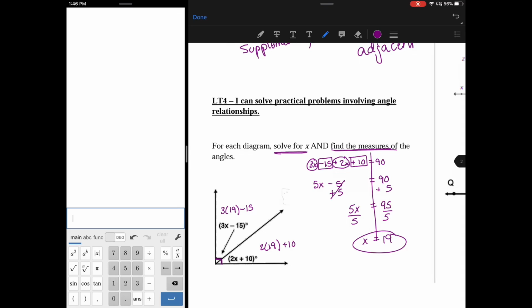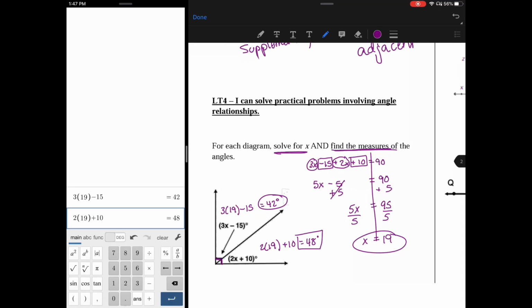And I can just go over to Desmos and plug it in just like that. So 3 times 19 minus 15 is going to be 42. So this angle is 42 degrees. And then 2 times 19 plus 10 is equal to 48 degrees.